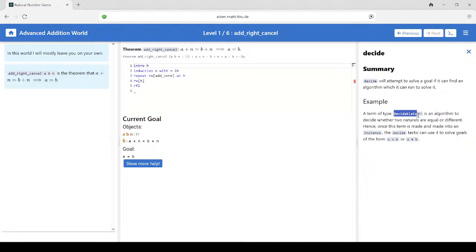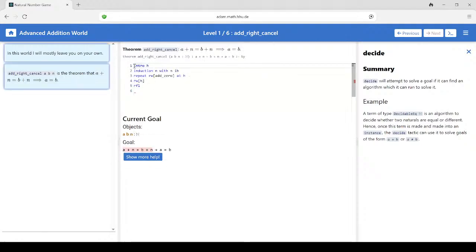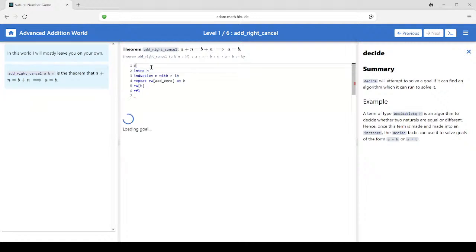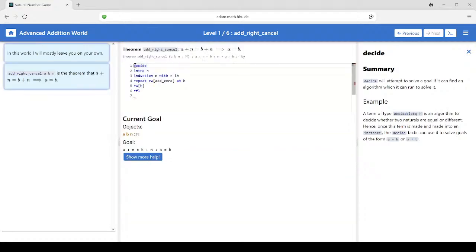Will this algorithm help me? Possibly. It did not. That didn't do anything.